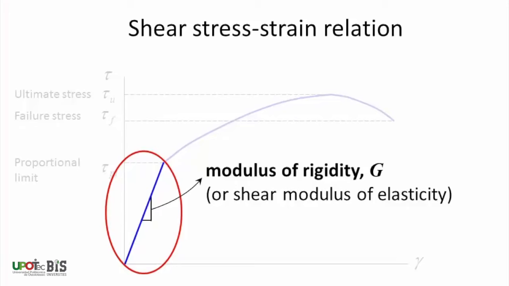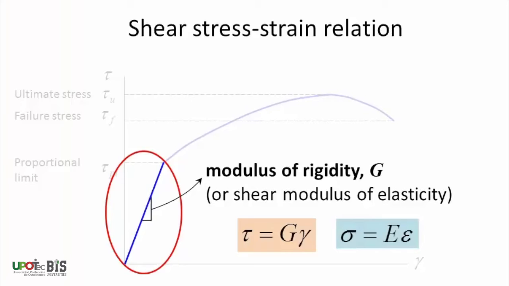Within the proportional limit, the shear stress and shear strain are related by tau equals G times gamma. Compare this to Hooke's law, sigma equals E times epsilon, and notice they have the same form. And just like Young's modulus, the modulus of rigidity G has the same unit as stress.